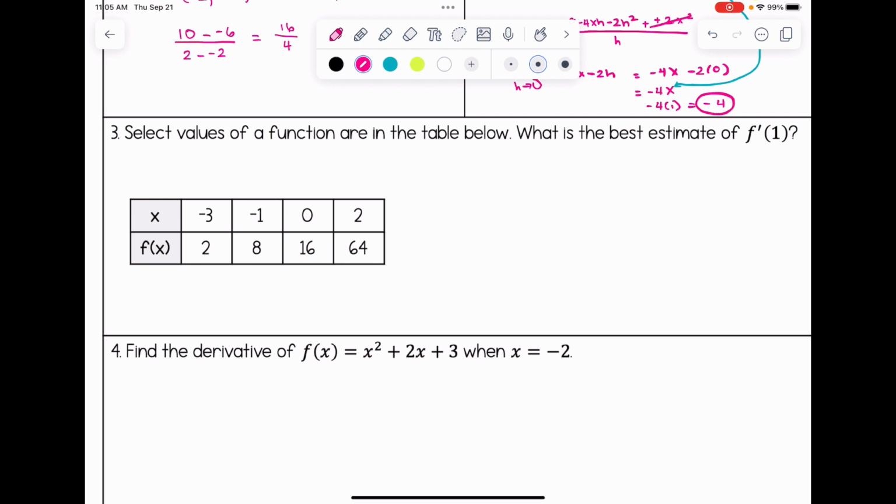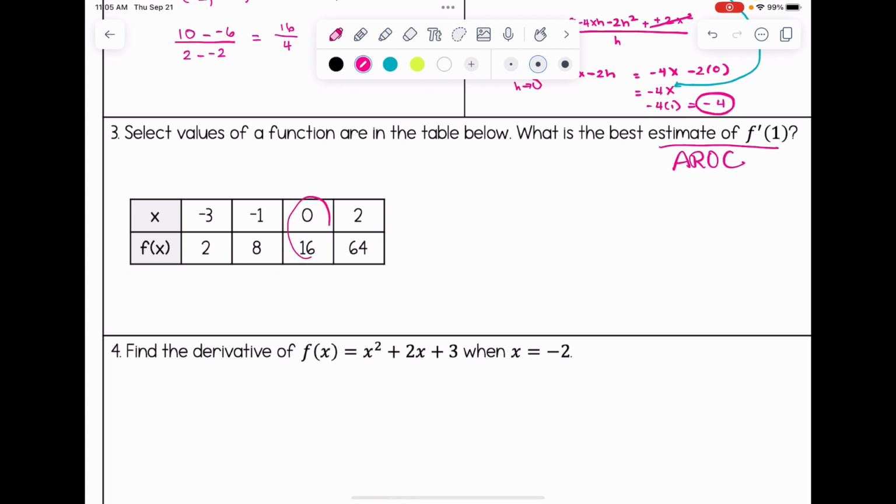Number 3, select values of a function are in the table below. What is the best estimate of f prime of 1, or the derivative at 1? When we are estimating a derivative and we can't calculate it precisely like we did in the previous problem, we're going to use average rate of change, which is basically slope. And since we're looking to estimate at 1, we're going to strategically pick values from our table.